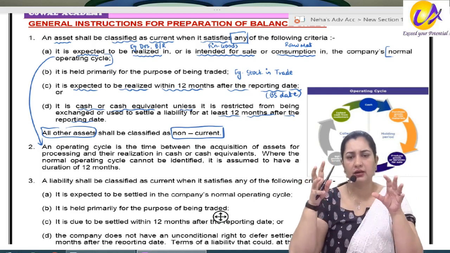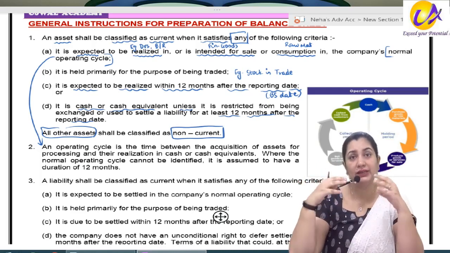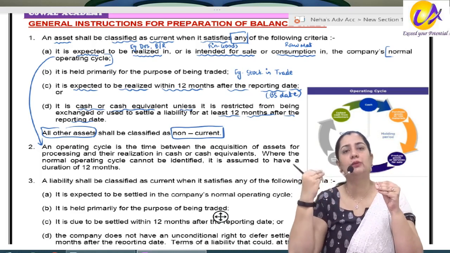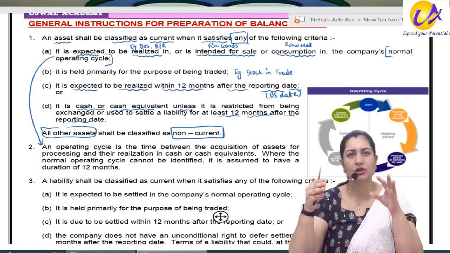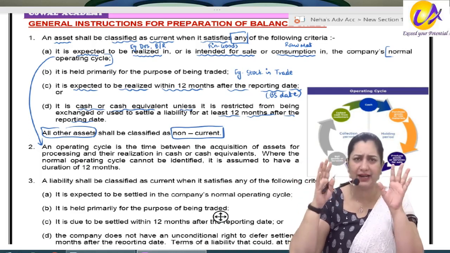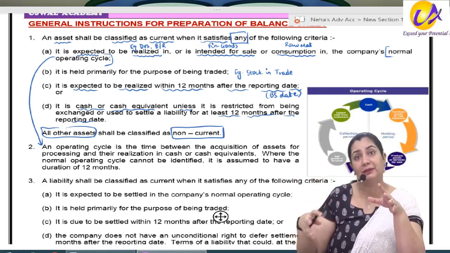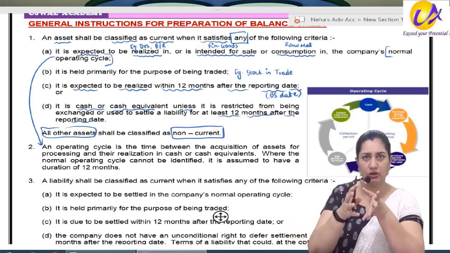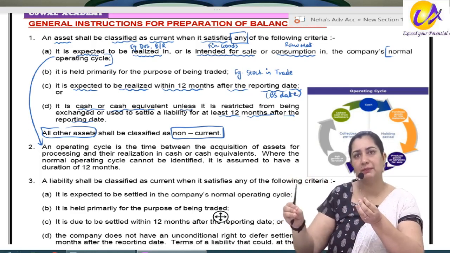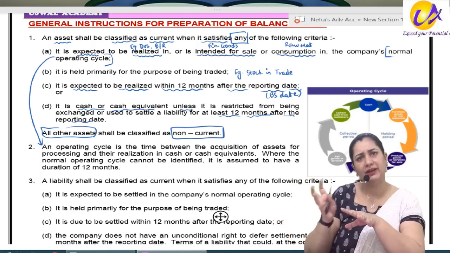A company has declared dividend. Within 30 days, the dividend has to be paid. By chance, you're not able to pay in 30 days, or for some reason you could not find out whom you have to pay the dividend. Then you have to wait 7 days and then transfer the unpaid dividend amount to a separate bank account. So the bank account may have that amount, but can I use it wherever I want?